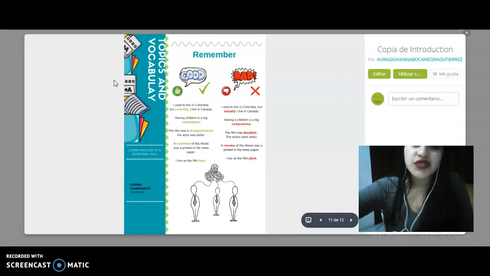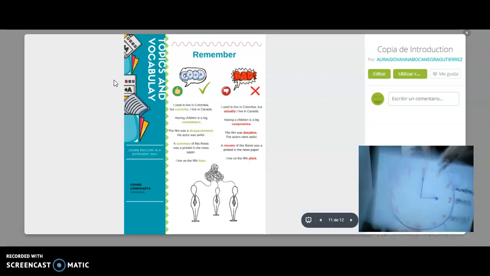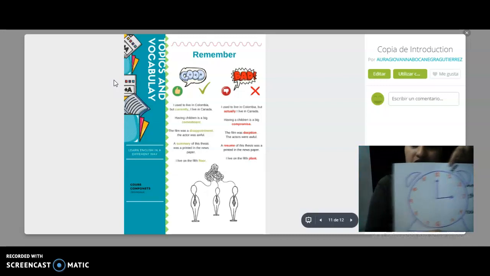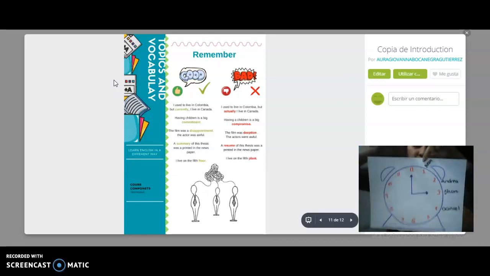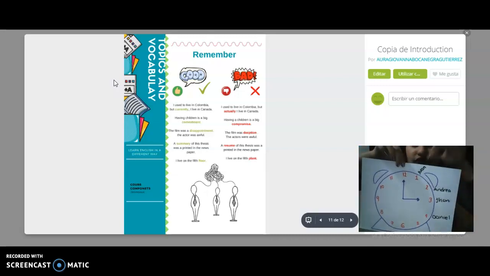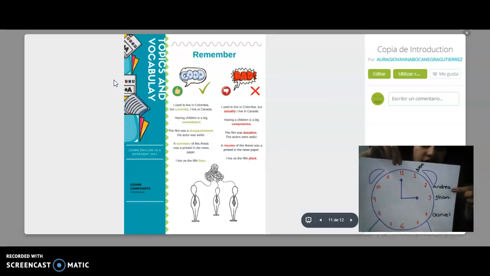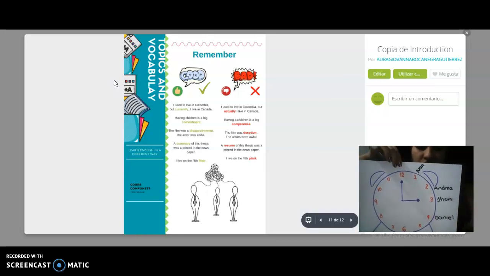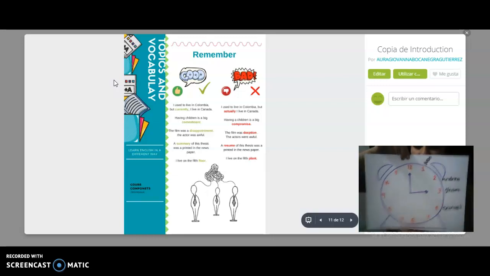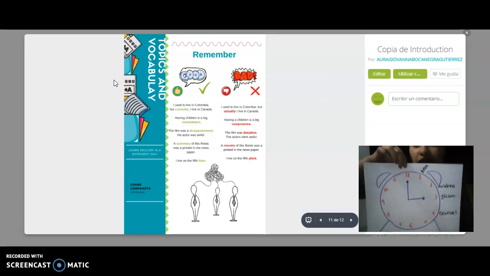If the answer is correct or wrong, the classmate chooses the correct word. For example, there is the clock at a specific hour: one, Juan; two, Andrea; three, John; and the same with their partners.